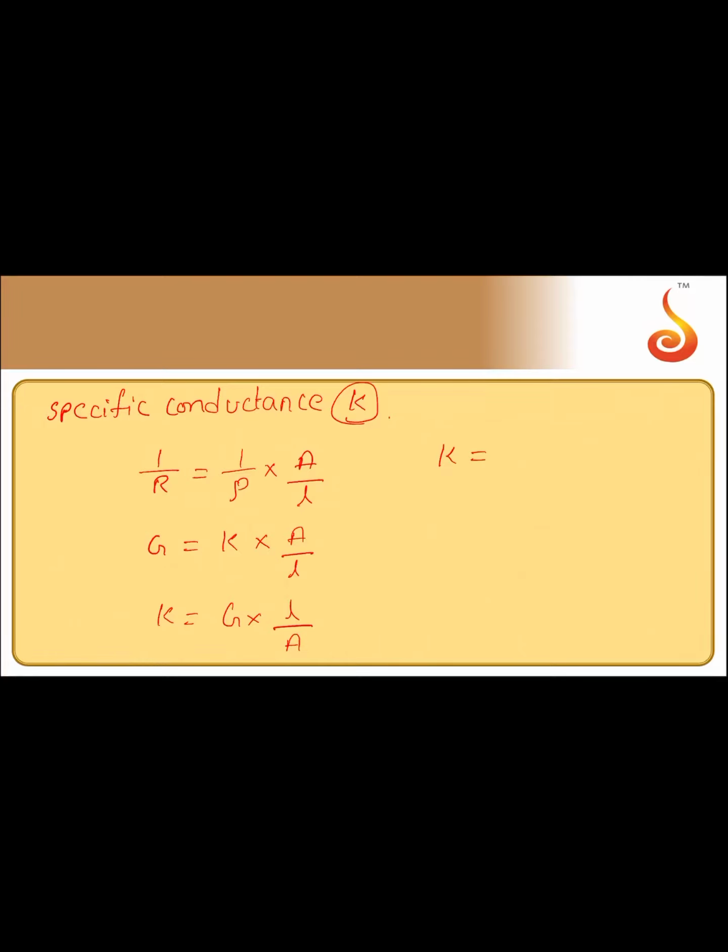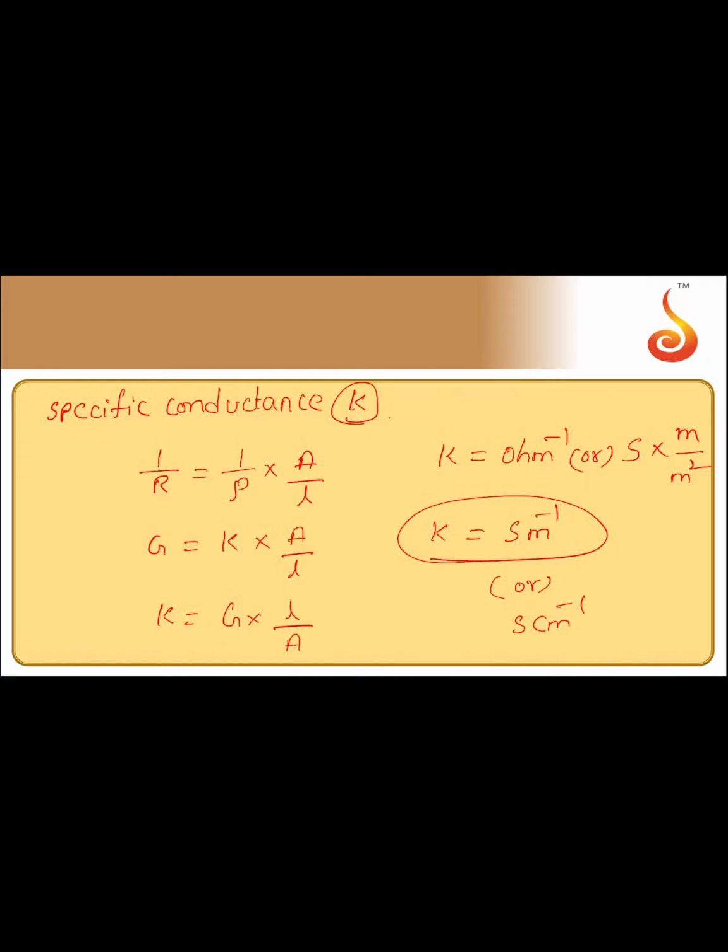What is the unit of G? Conductance unit is ohm inverse, or else Siemens. And L is meter, A is meter square. So the unit of K is Siemens meter inverse, or we can consider this as Siemens centimeter inverse also.